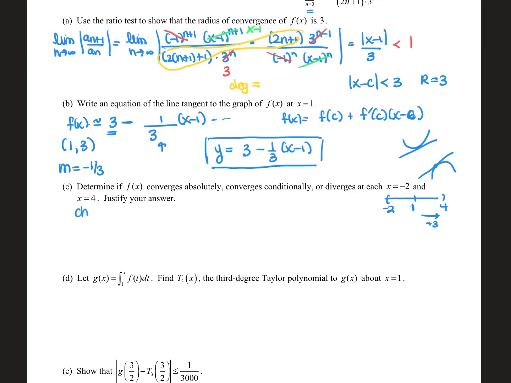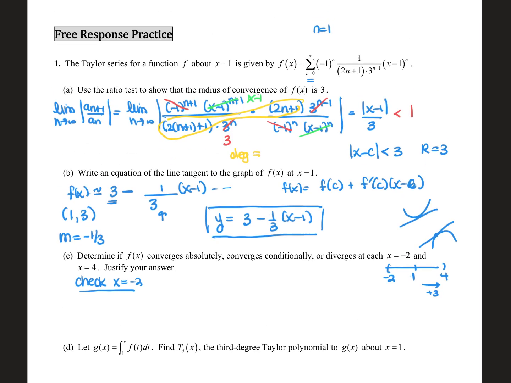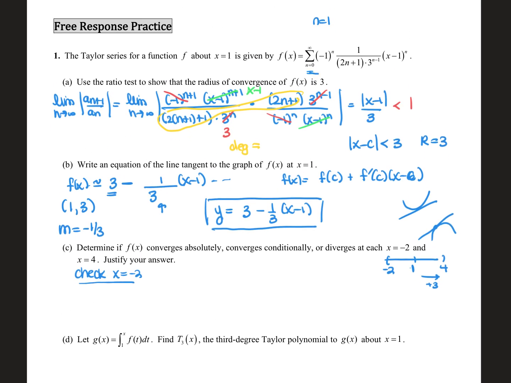So we're going to check the endpoints. The first one we're going to check is x equals negative 2. We go back to our original function, and we're going to plug negative 2 in for x. So that's going to leave us with negative 1 to the n, and I'm plugging in negative 2, so you're going to have negative 3 to the n, all over 2n plus 1 times 3 to the n minus 1.